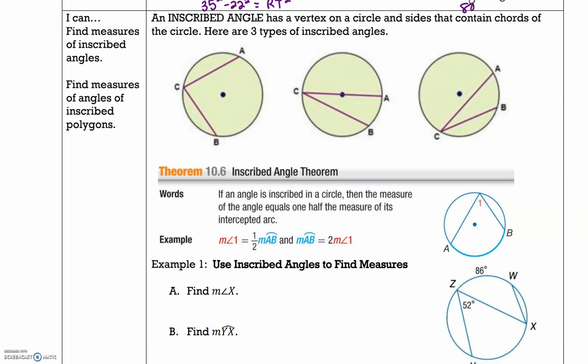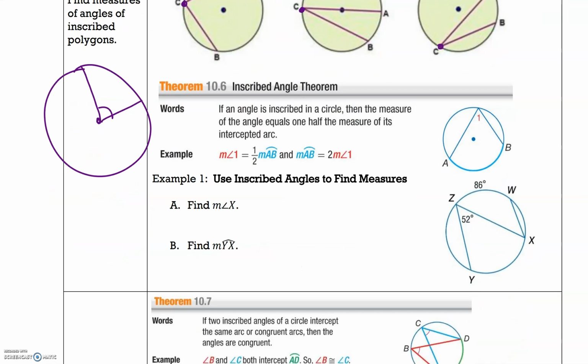So today we're going to talk about what an inscribed angle is. We've talked about a central angle before, where it is centered, and we know that this angle is going to be the same as this arc. Well, now when it's on the circle and not at the center, we have our vertex on the circle. It may go through the center, but that vertex point is on the circle.